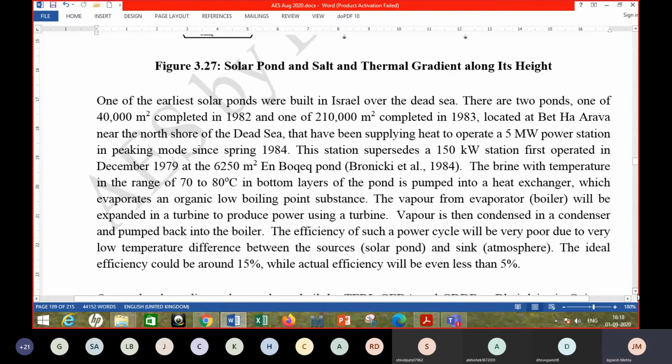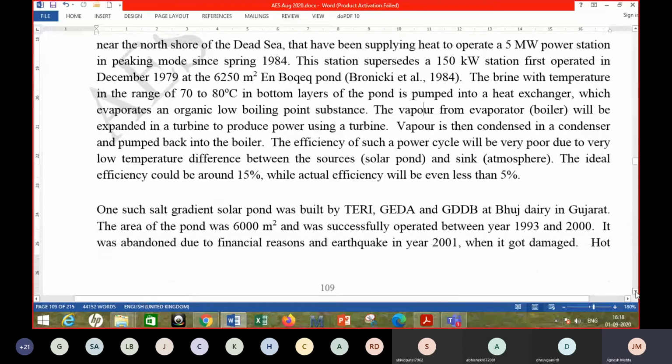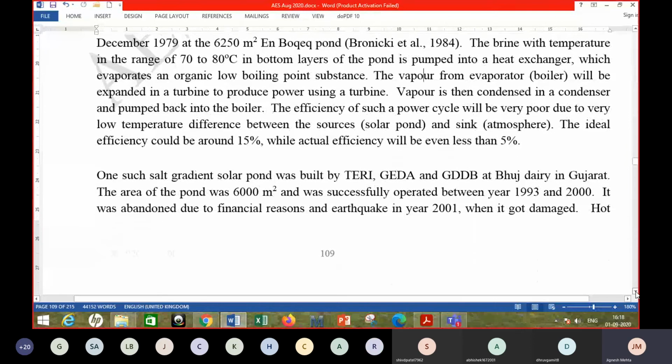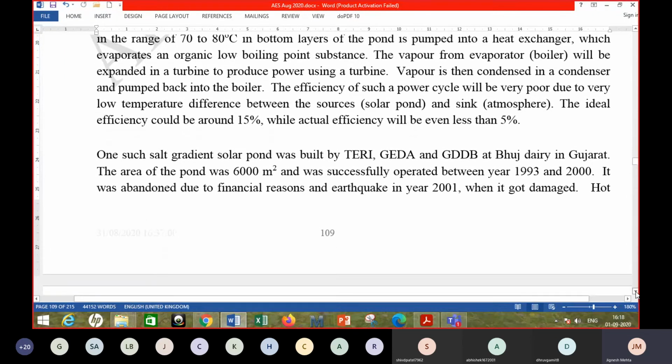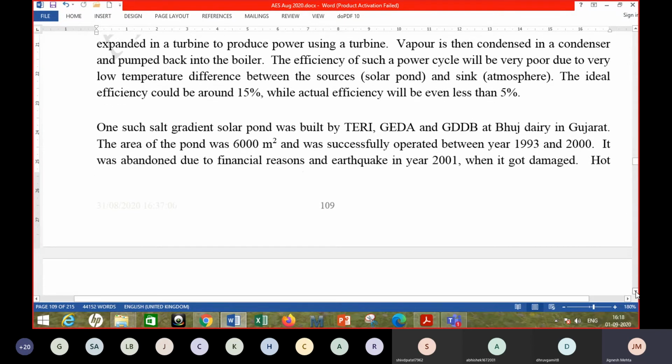Right. So you have heat, you can run a Rankine cycle with that, but of course you cannot expect very high efficiencies. Even the theoretical efficiency, you know about the ideal Carnot cycle efficiency, which itself might be hardly in double figures, let's say 15 percent. So the actual efficiency is generally not even in double digits.